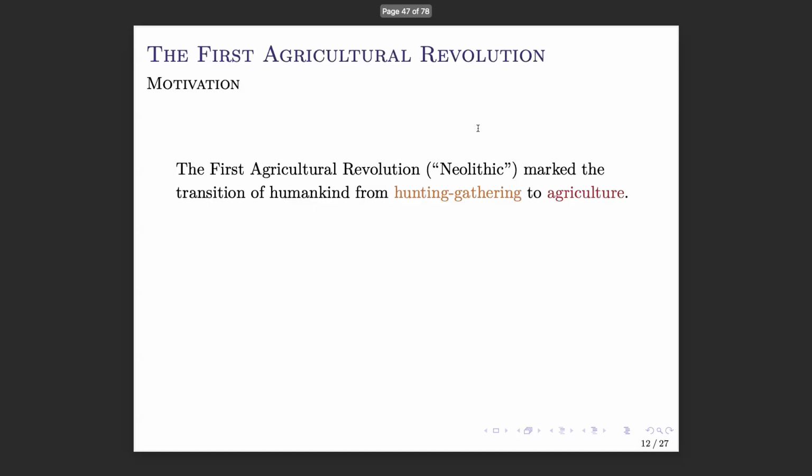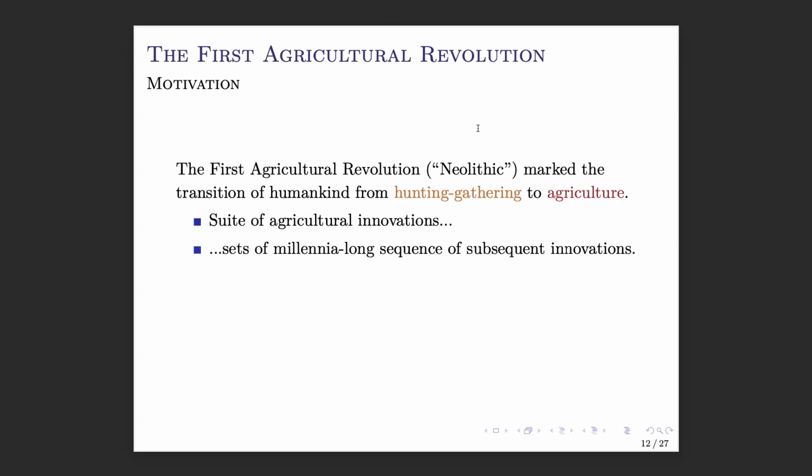Okay. So turning to the empirics, first the first agricultural revolution. As we all know, the Neolithic Revolution is basically the transition of humankind from hunting and gathering to sedentary agriculture. This, of course, entails a suite of agricultural innovations, and sets off a millennia-long sequence of subsequent innovations.